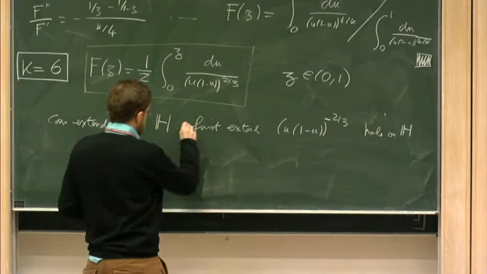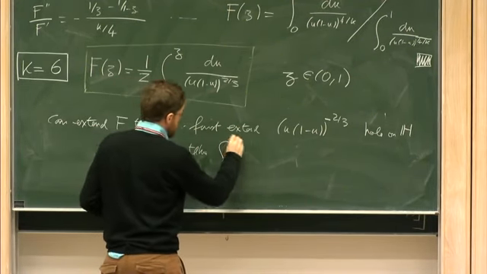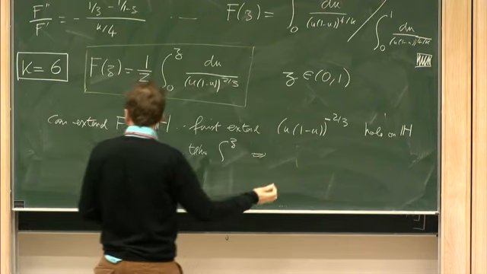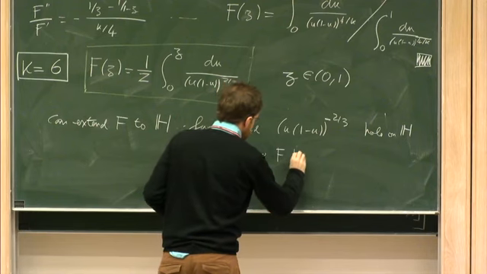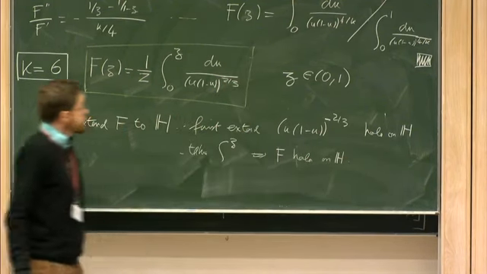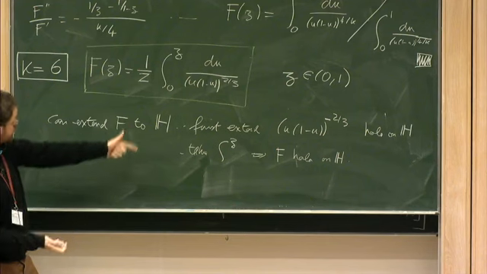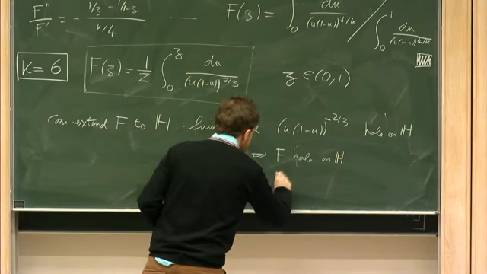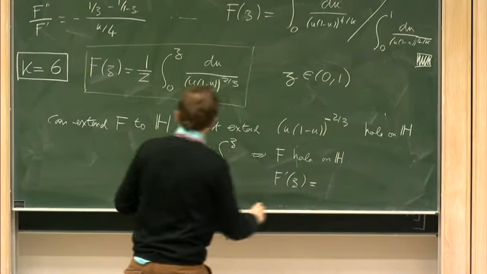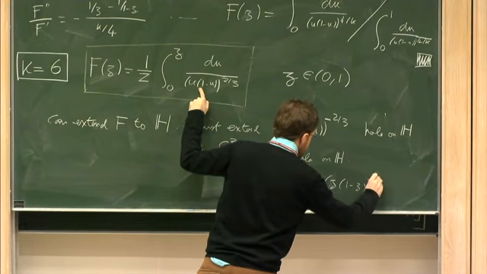So then take the integral to z. And what you get is that f becomes a holomorphic function on the whole upper half plane. And besides, because of the whole construction, f prime of z is exactly this term here. So it's z times 1 minus z to the power minus 2/3.